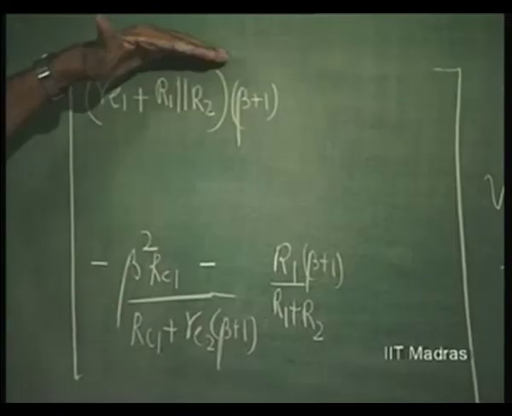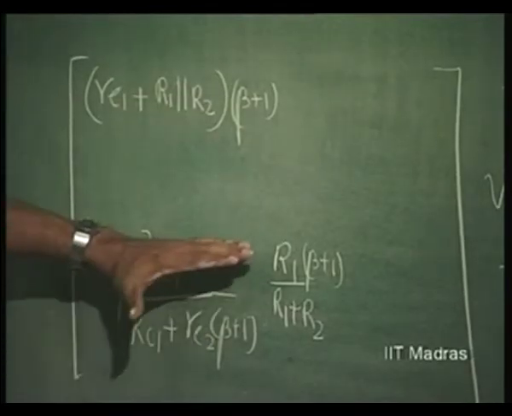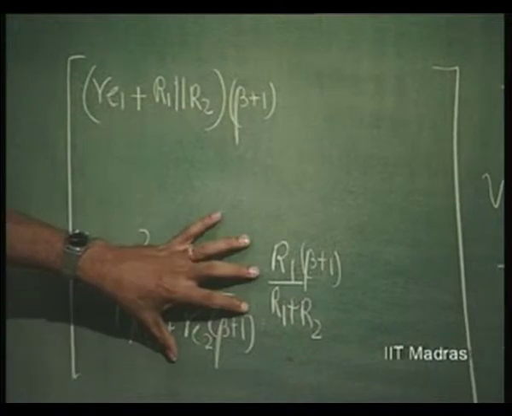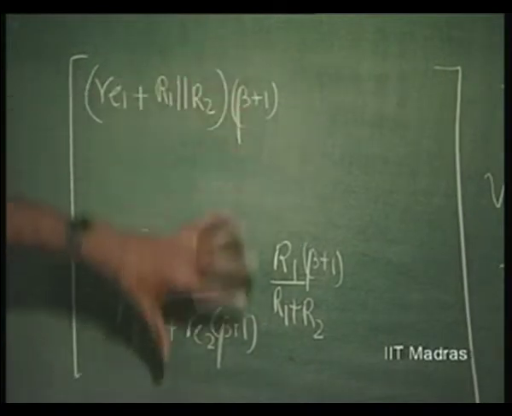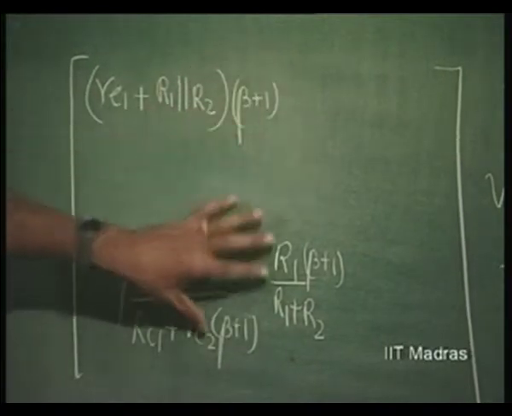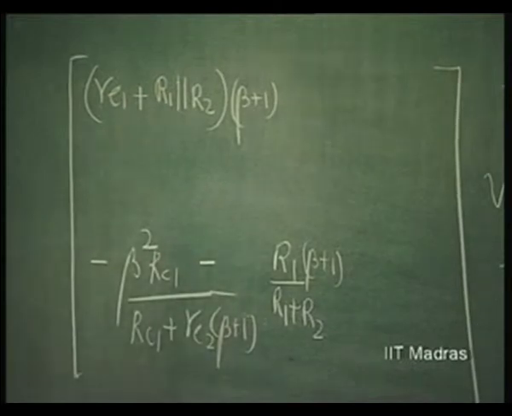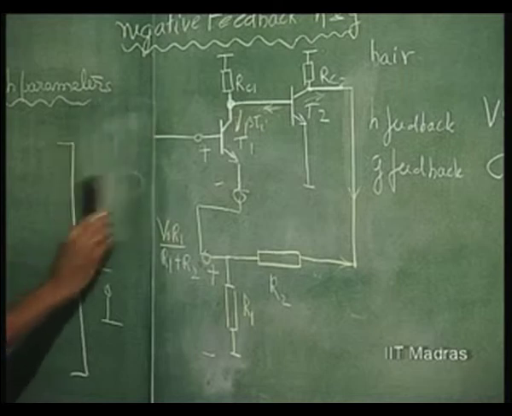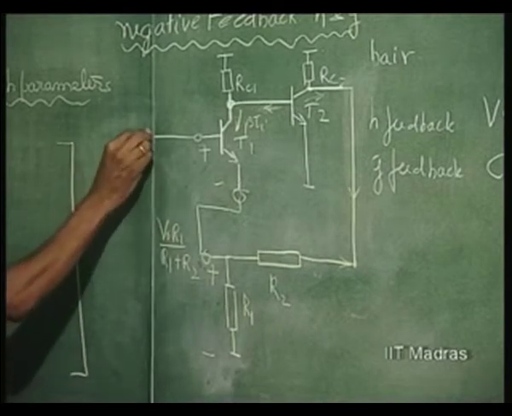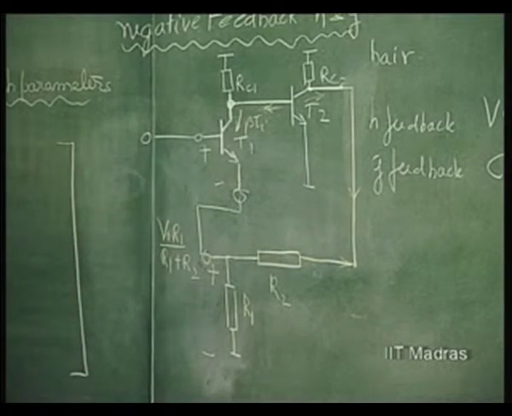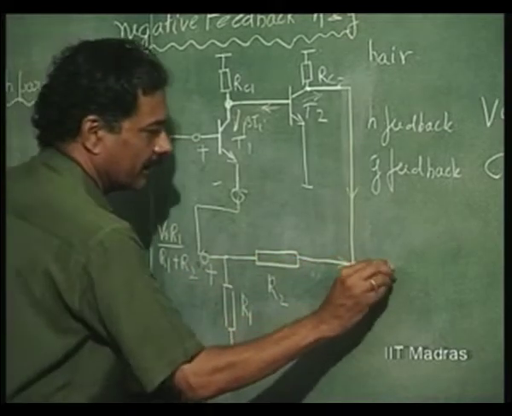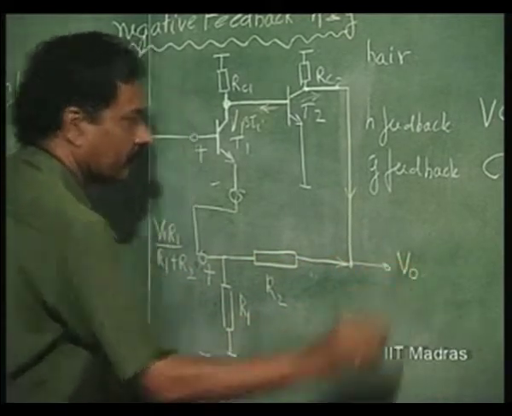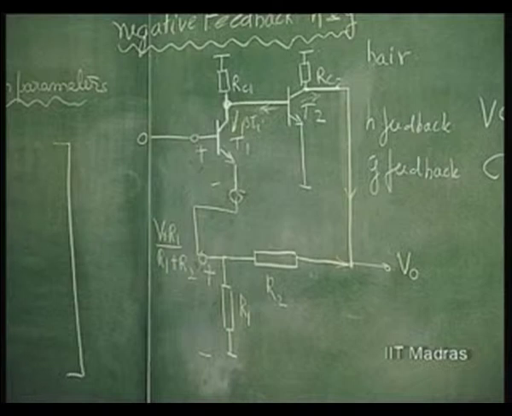H I amplifier, H F composite, these are evaluated. Now, we have to evaluate the other two parameters. We make this open circuit and apply a voltage here, V naught.